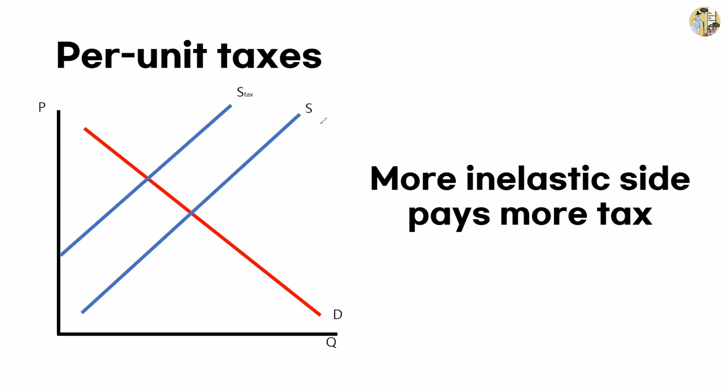Now, if the government imposes a per unit tax on its suppliers and says that from now on you have to pay a certain amount whenever you sell a product, the supply curve with tax is going to shift to the left. And now this is going to be the price that consumers have to pay, since suppliers aren't just simply going to sell at the same price, because they have to pay more for producing, since producing leads to taxes.